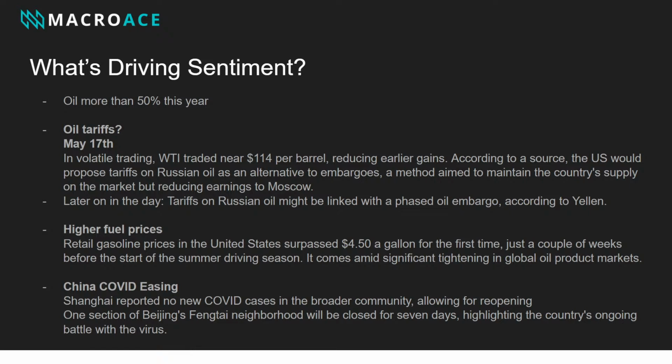So that negative sentiment of less oil demand from China because of their lockdowns in key areas of the country, Shanghai being a hub for industrial production and manufacturing of goods, having that closed down had a negative effect on oil. But we're seeing the reverse of that, off the back of China opening up Shanghai again.